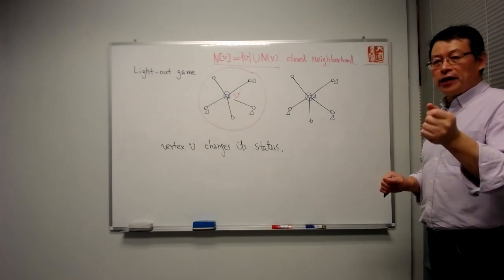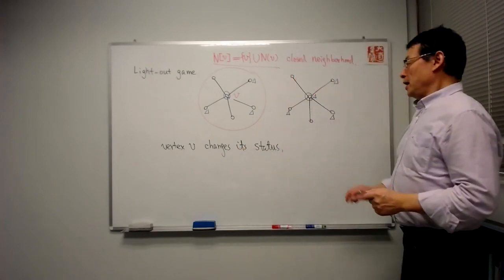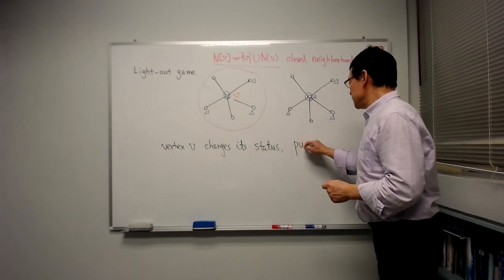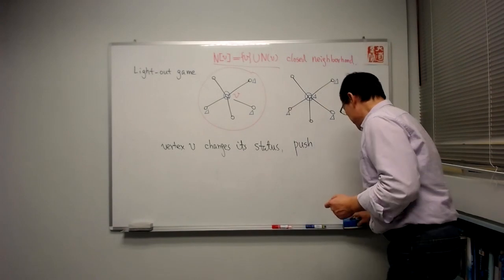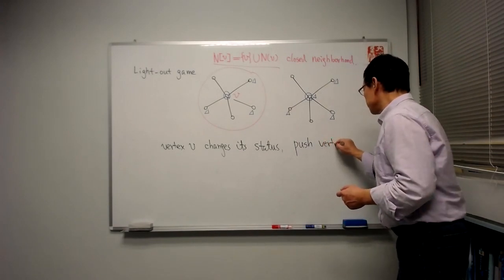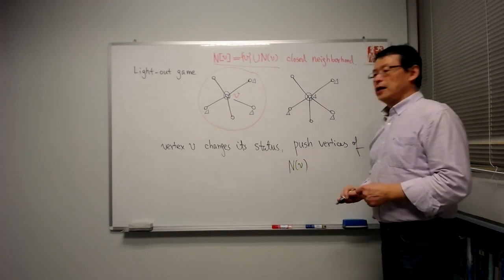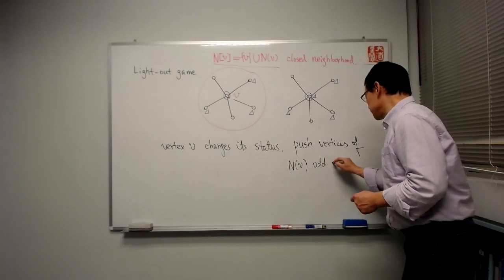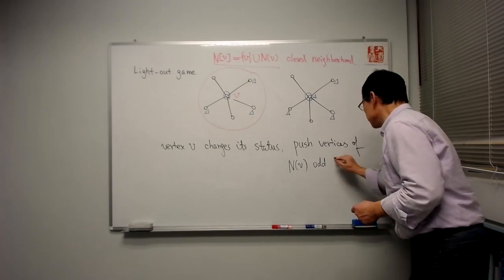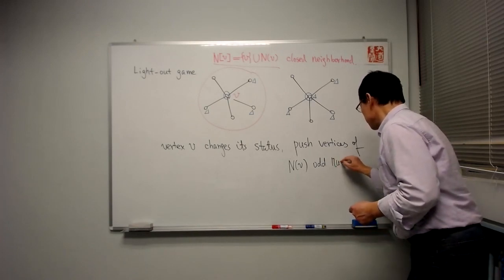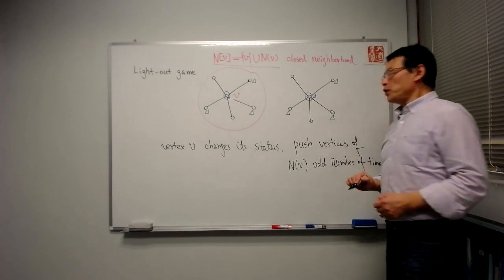If it's on, then off, then on, right? So in order for a vertex to change its status, we push vertices inside the closed neighborhood N[V] an odd number of times.